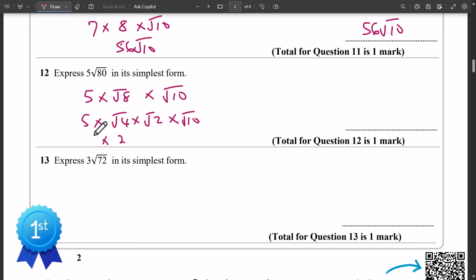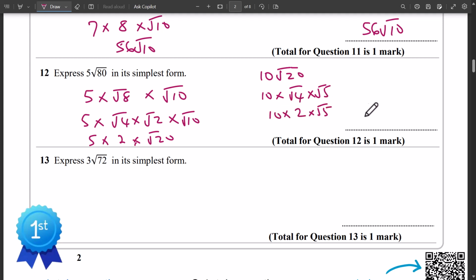That's 5 times 2 times, of course, you multiply this and this, that's going to be root 20 here, right? So that's going to be like 10 root 20. But then, again, if you want, root 20 can be split further as root 4 times root 5. And root 4 is 2 times this 10 here. That's going to be 20 root 5.